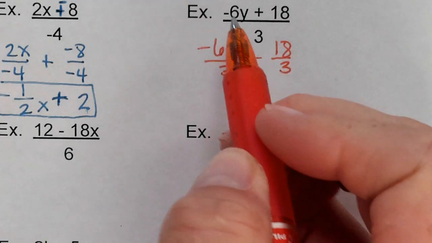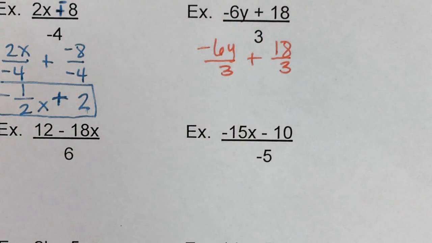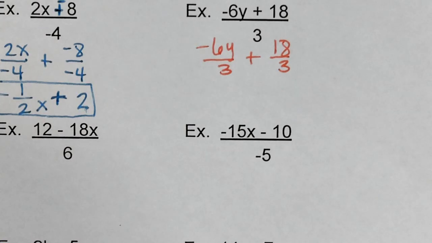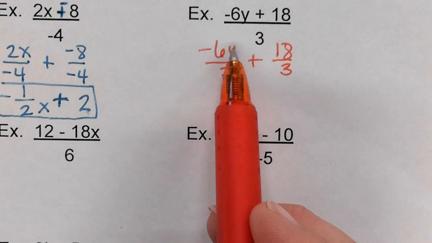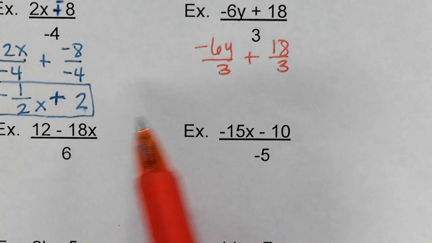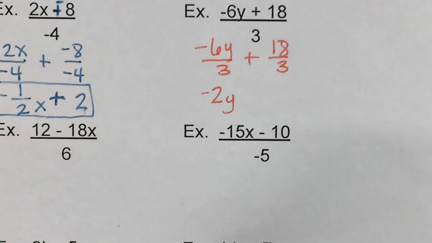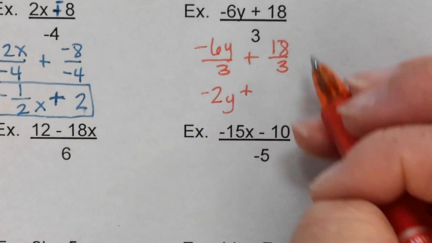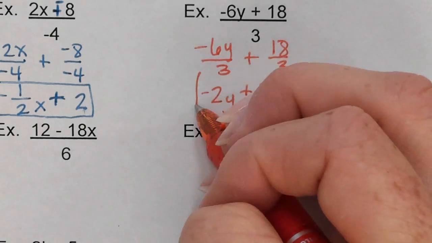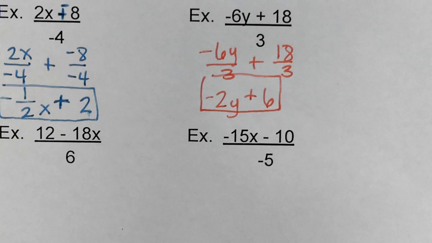So all we're going to do is say this term needs to be divided by 3 and this term needs to be divided by 3. Yes? Now we simplify, and you can use your calculator, just don't forget to include the y. Negative 6 divided by 3 is negative 2. Keep the y. Plus 18 divided by 3 is... Do y'all think this is easy or hard? Easy. Just need practice then.